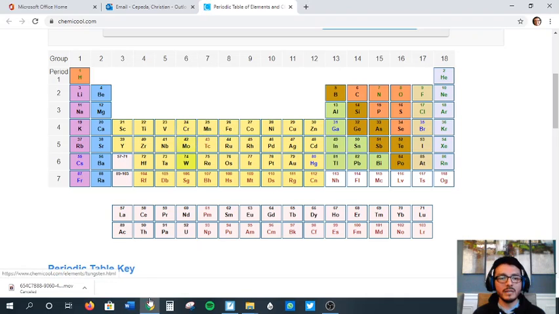So chromium down, wherever you see a d4, an electron from the previous s, 4s in this case, but generally the previous s electron, is going to be borrowed so that you can get a half-filled d orbital and a half-filled s orbital, which is more energetically favorable than having a full s orbital and only 4 electrons in the d orbital.